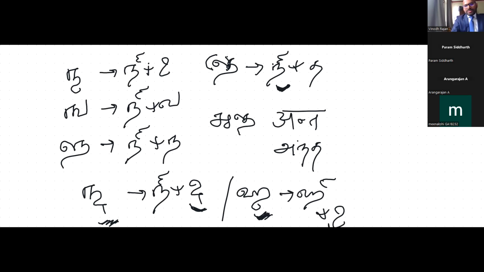This part became cursive, which became this. Anything that has this with the consonant is probably in, right?